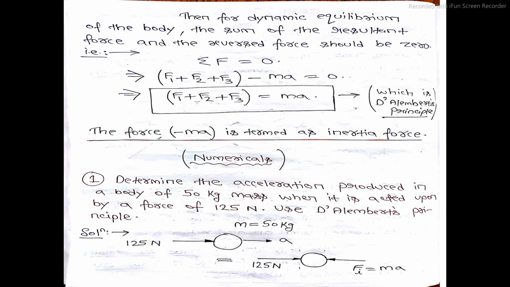The problem is, determine the acceleration produced in a body of 50 kg mass when it is acted upon by a force of 125 Newton. Use D'Alembert's principle. Again I repeat the question: determine the acceleration produced in a body of 50 kg mass when it is acted upon by a force of 125 Newton.